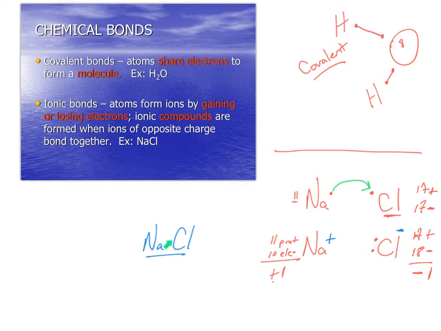They're just sticking near each other because they're opposite charges. So sodium chloride, or you know it as table salt, is the chlorine and sodium atoms being attracted to one another because of this ionic nature, or the fact that they're charged. Their protons and electrons are not equal to each other.